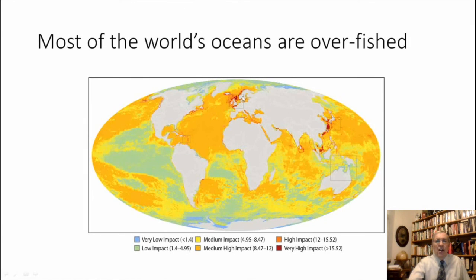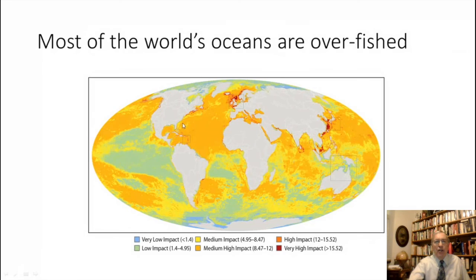overfishing. There's overfishing all around Europe, particularly around Iceland for cod, Norway, so on, all the traditional fishing areas. A lot of overfishing off of India, wherever there's dense population, right? Southeast Asia, China, Japan, you will find overfishing. The red is extreme, very high impact, probably more than is sustainable.